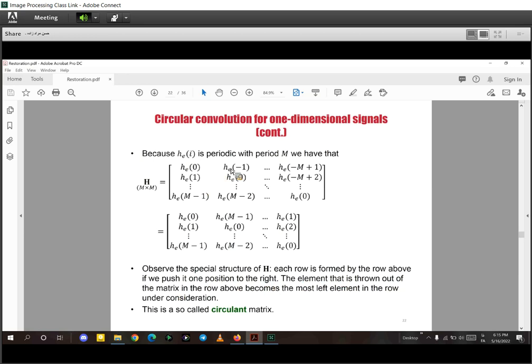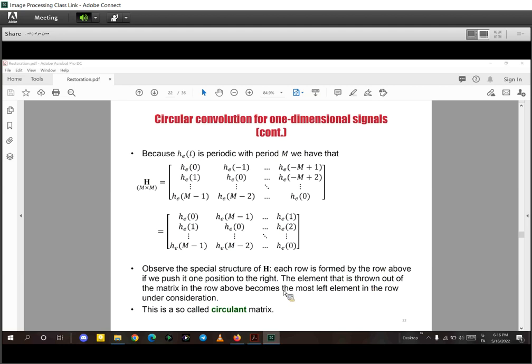That means h0, h minus 1, h2, h1, h1, h2, h1, h0, h minus 1 in this line. Here we have h2, here h1, here h0, and so on.